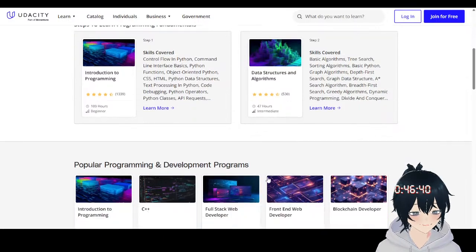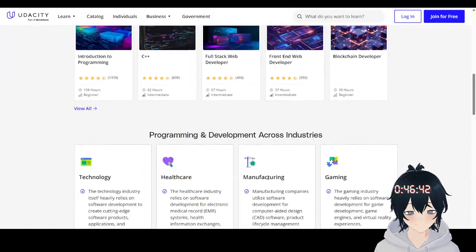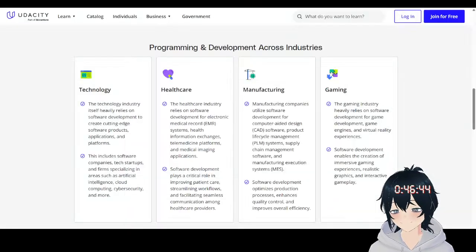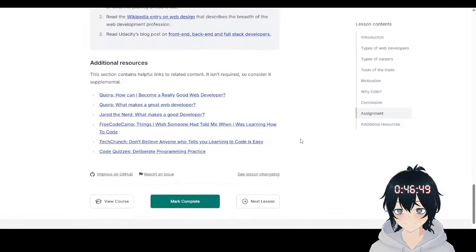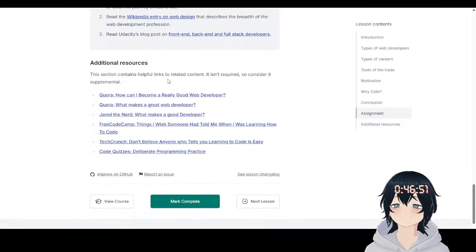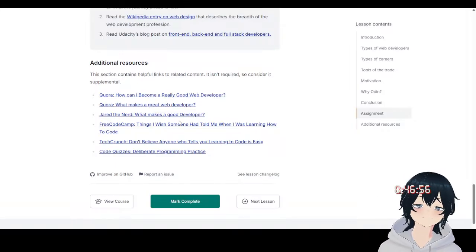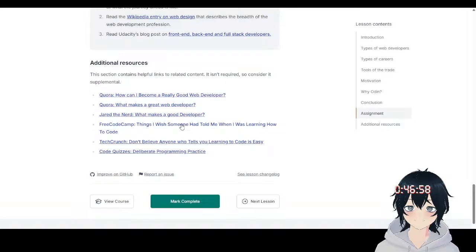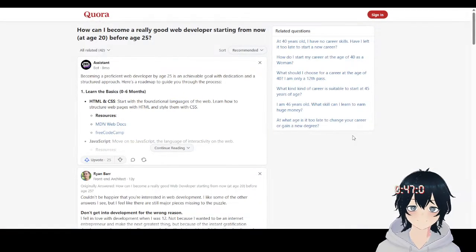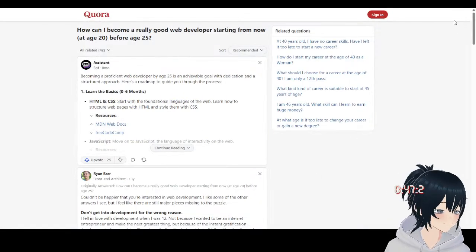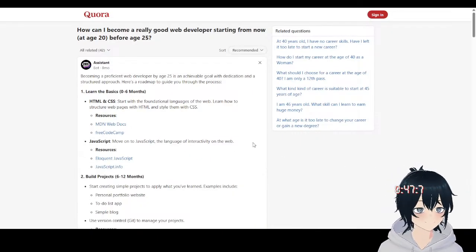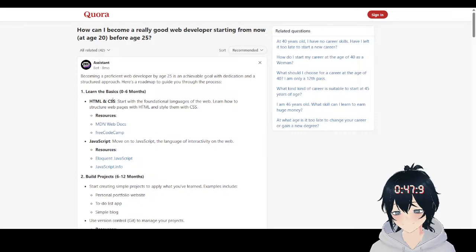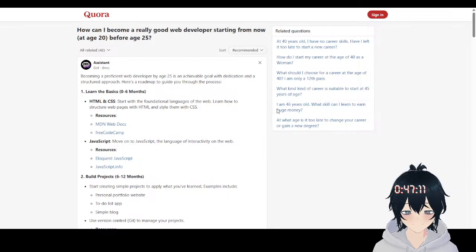Oh, here we go again. Okay lah. My left click is not responsive anymore. Intriguing.